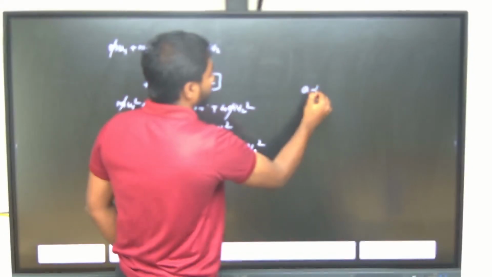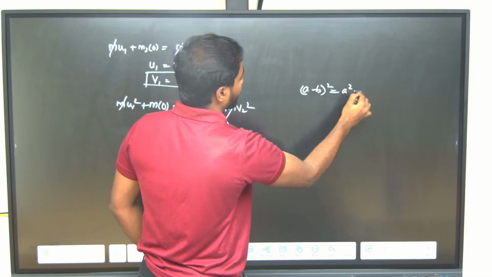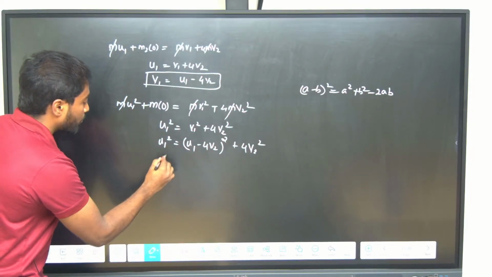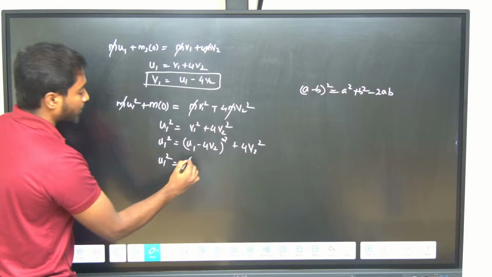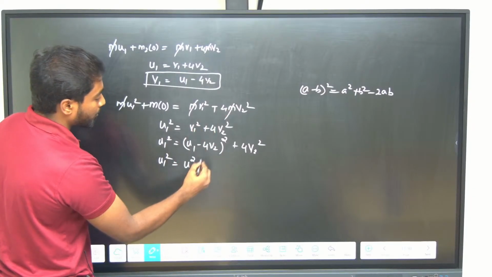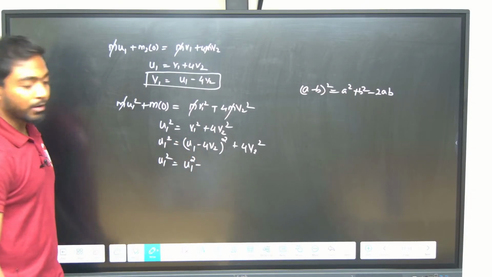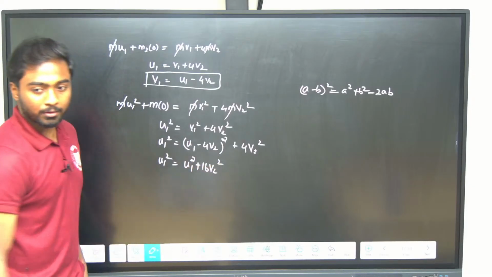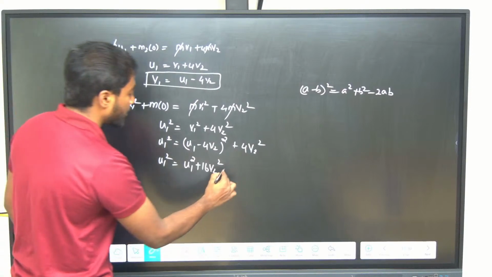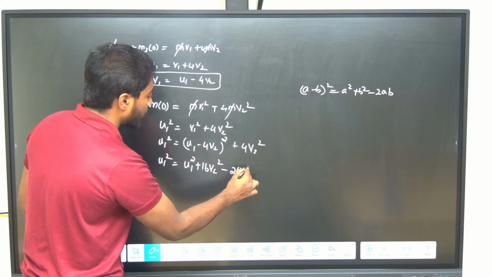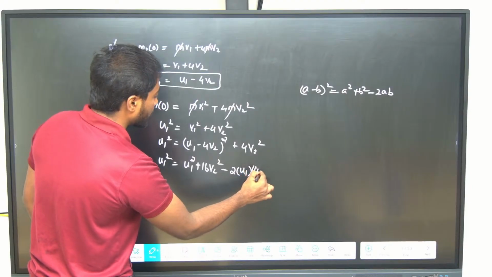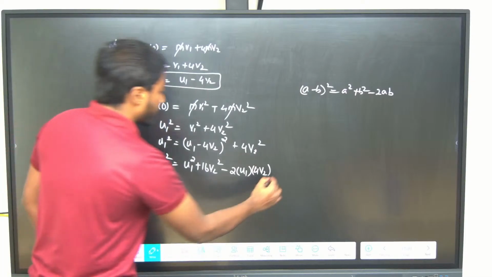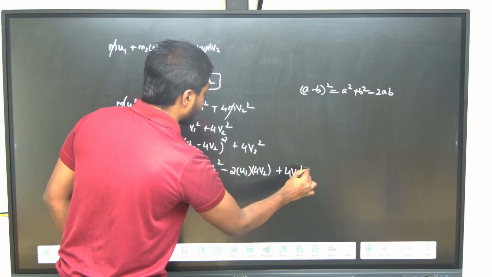So a minus b the whole square is nothing but a square plus b square minus 2ab. So u1 square will be equal to u1 square plus 16v2 square minus 2 times u1 and 4v2, plus 4v2 square.